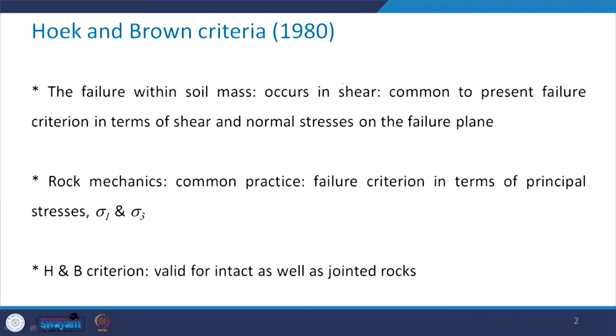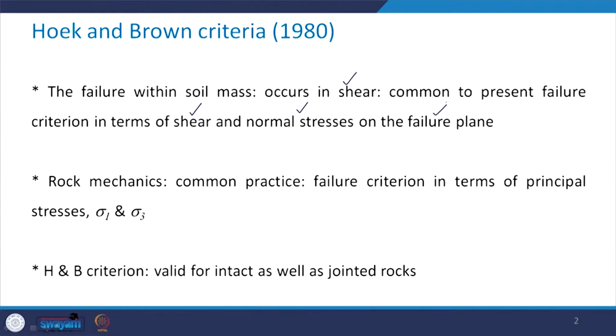The failure within the soil mass occurs in shear, we all know this, and therefore it is common to present the failure criterion in terms of shear and normal stresses on the failure plane.